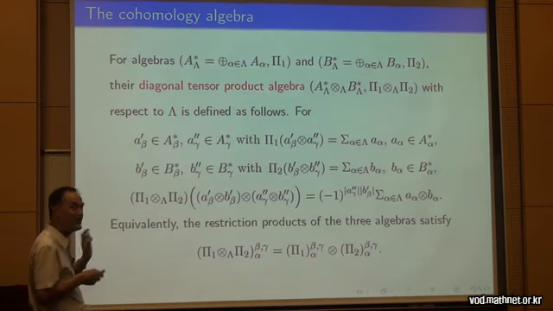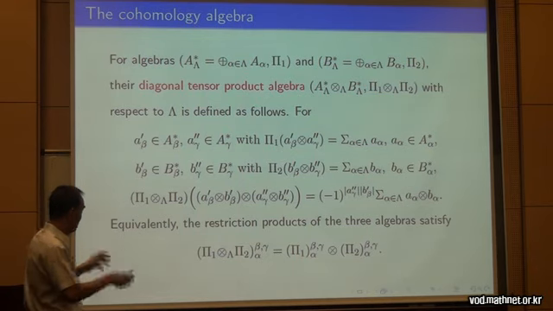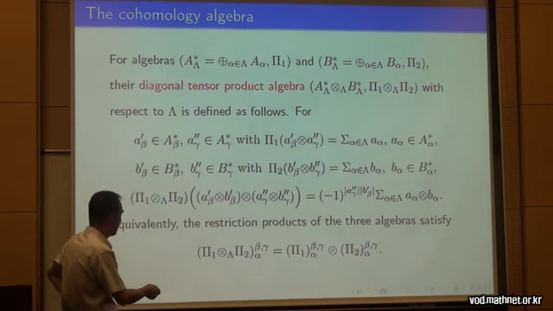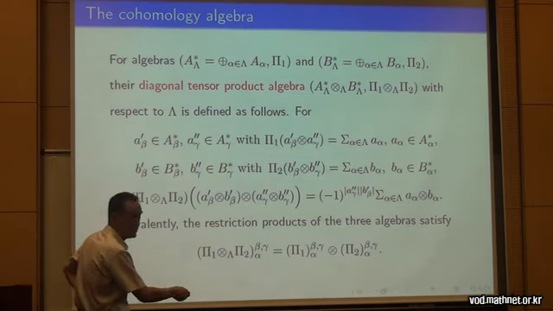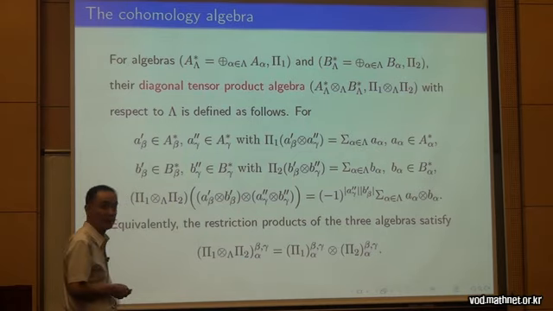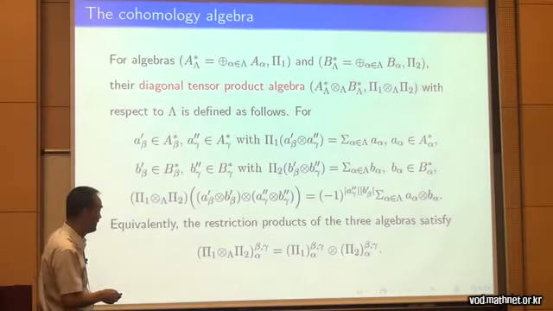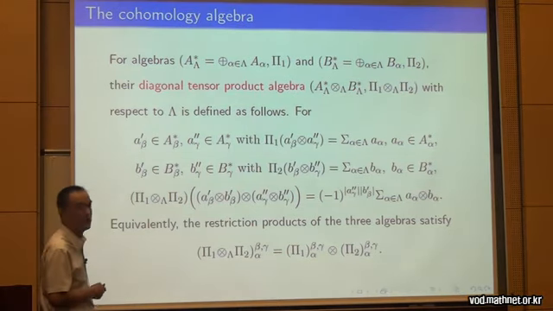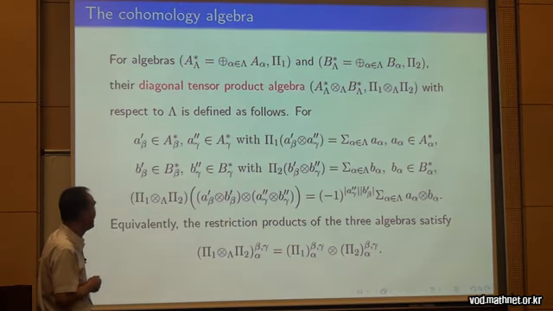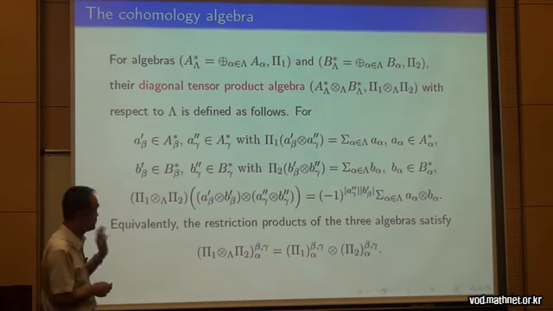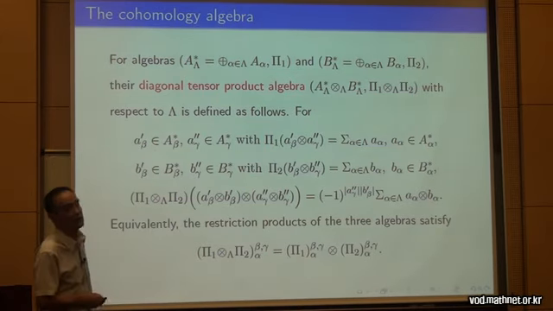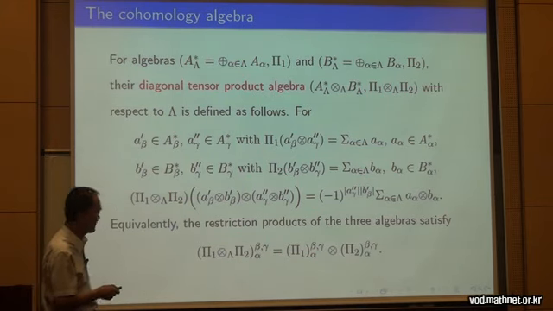So two complicated algebras may have a simple diagonal tensor product, because if either is 0, the result is 0. From this point of view, the diagonal tensor product is the simplest possible algebra constructed from the diagonal tensor product of groups.